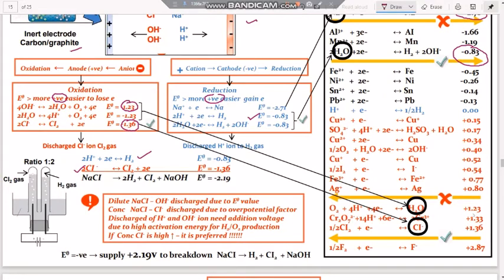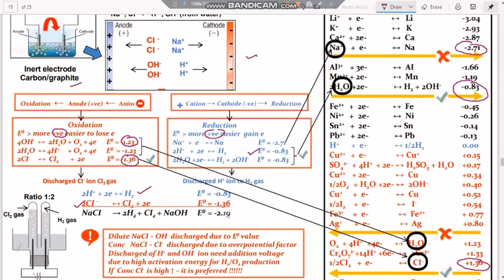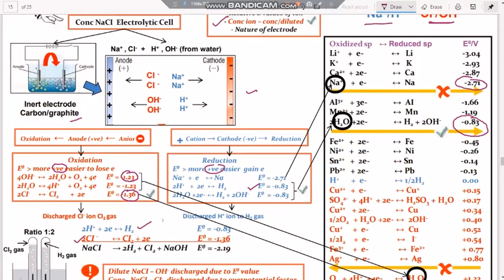Here again observe, chlorine is plus 1.36. So we have taken the oxidation potential of chlorine and the reduction potential value of H plus, and after the addition we got an E0 value of minus 2.19.